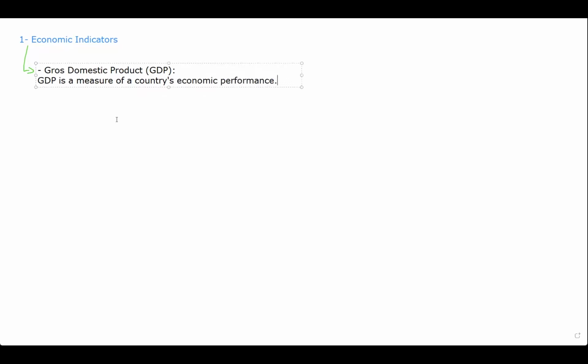GDP stands for gross domestic product, and it is a measure of a country's economic performance. Most of the time we analyze the GDP growth rates to gauge how the overall health of an economy is going. The GDP basically is how much they have produced in a time. GDP can be month over month, quarter over quarter, and year over year.